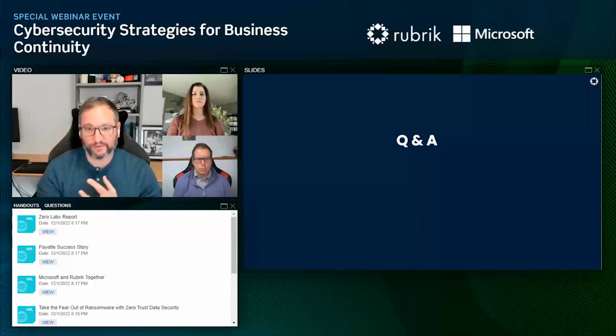Rubrik is going to tell you if it backs up a bunch of new encrypted data. You don't even have to do anything. It's going to flag that and tell you, hey, there's something going on here, you need to look at this. Hopefully it's just somebody who did something on purpose and it's no big deal, but it could also be an early indicator of an attack that's happening.